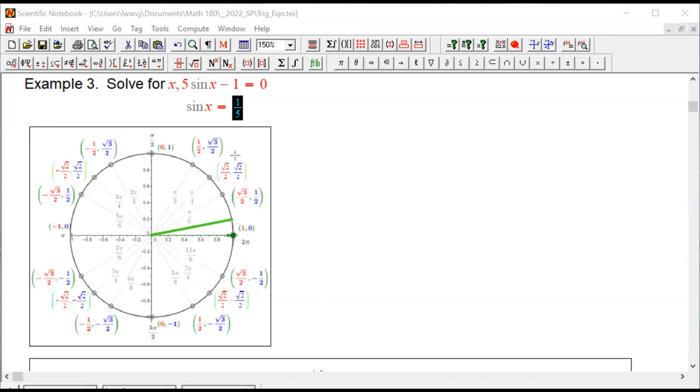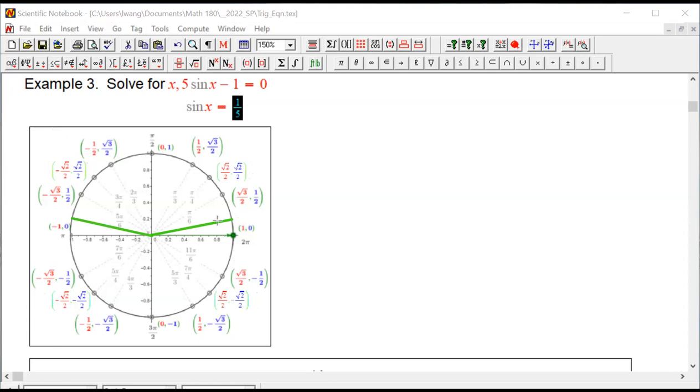So this will be the terminal with positive 1/5. And there will be another one that terminates in the second quadrant, where there's another 1/5.